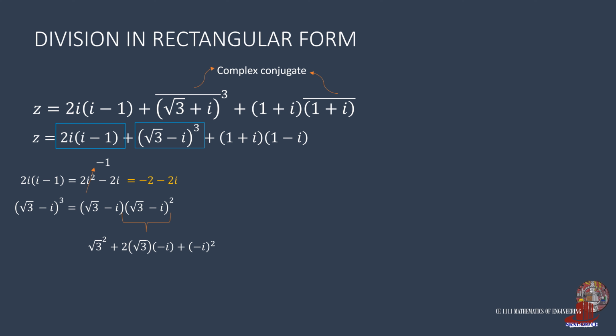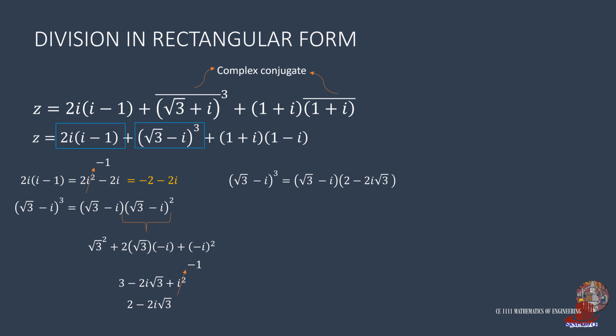With the square of root of 3 minus i, we take the square of the first term, root of 3, then double the first term with the second term, negative i, plus the square of negative i. The terms then are reduced into 3 minus 2i times the root of 3 plus i squared, which is taken as negative 1. So the square is 2 minus 2i root of 3.